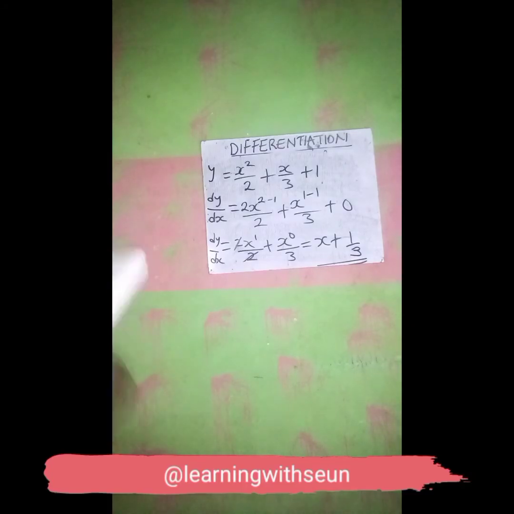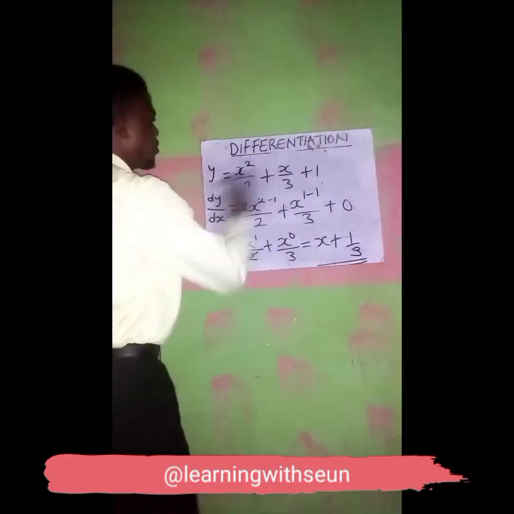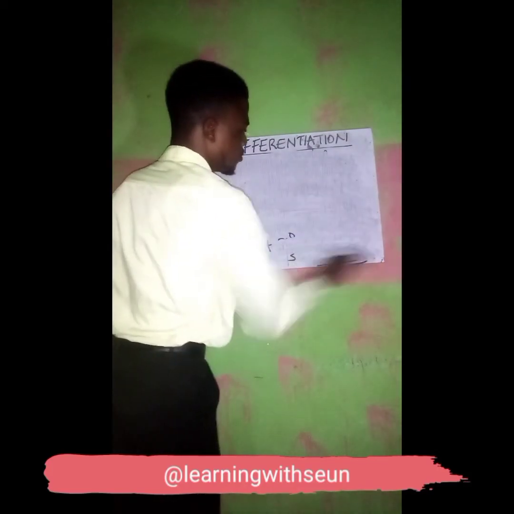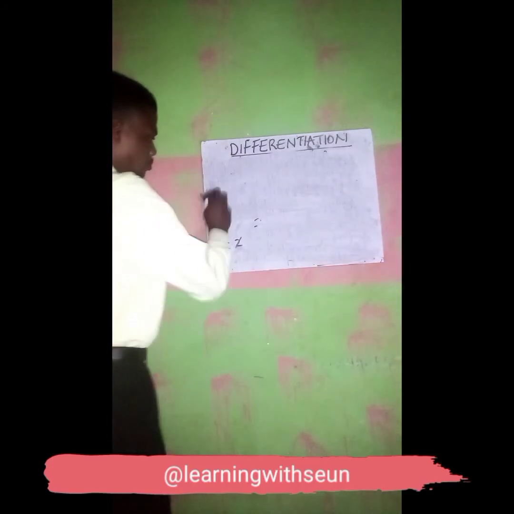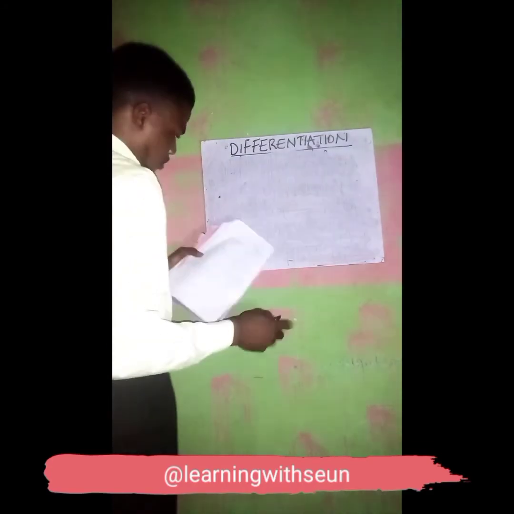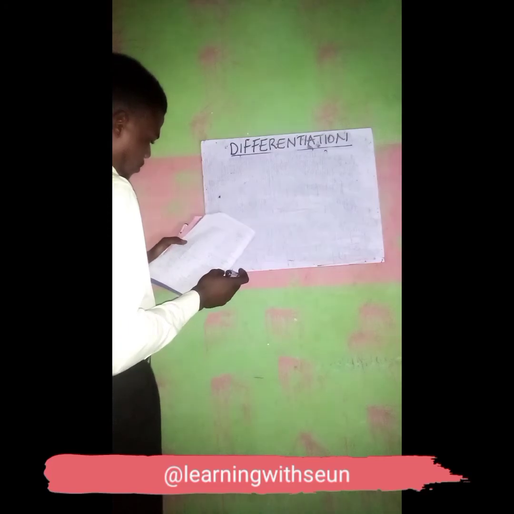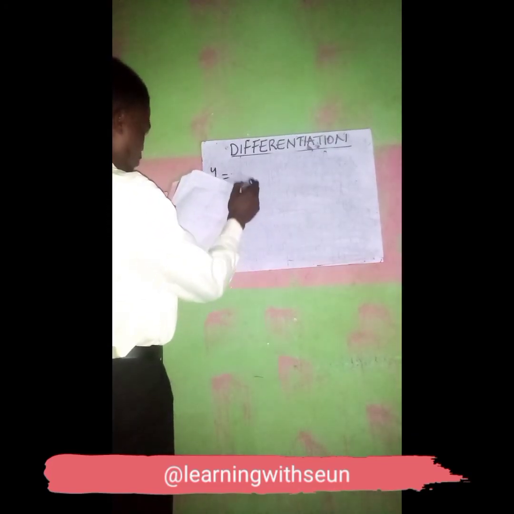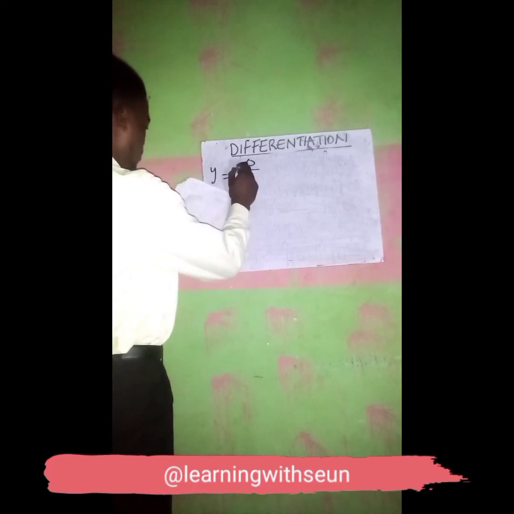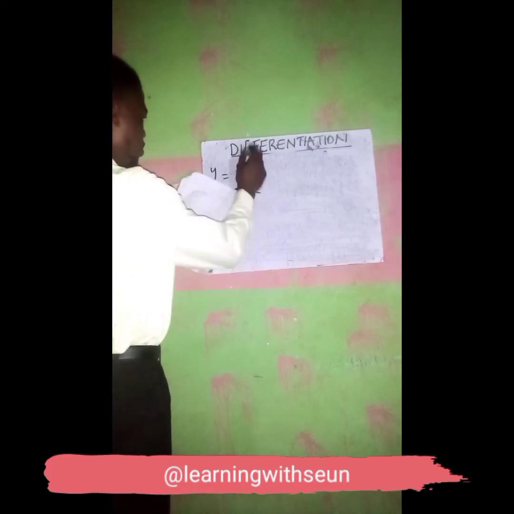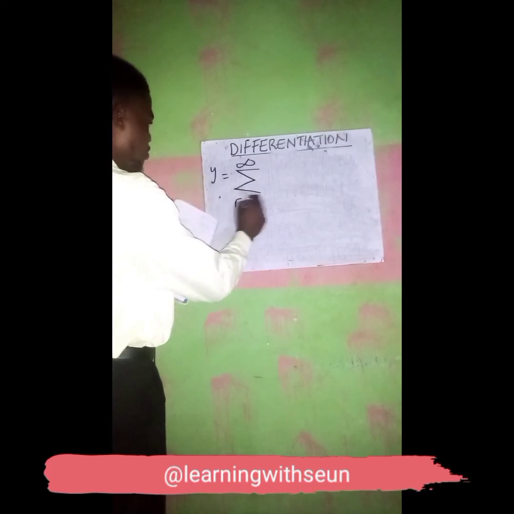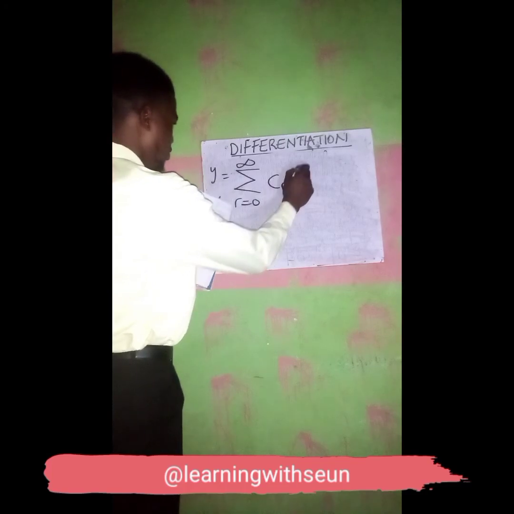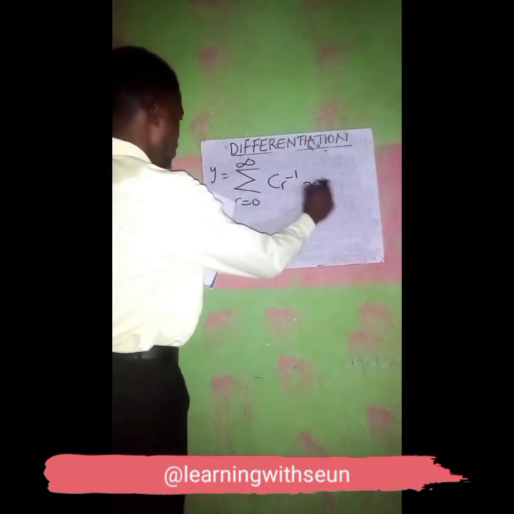Now, let's say you have another question that says y equal to the infinite summation from r equal to 0 of c r raised to the power of minus 1, then x raised to the power of r.